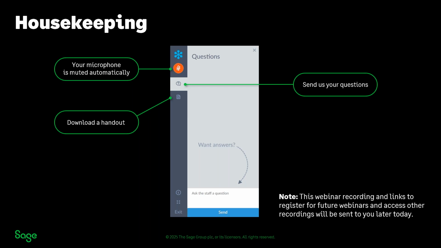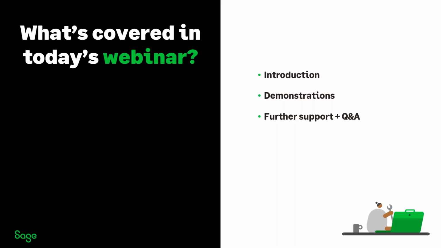So that's the housekeeping. Let's have a look at what we're going to be covering. Now the agenda, very short today. We're going to start with a little bit of an introduction, and then we'll just get stuck into some demonstrations. So this is going to be more in the style of what we used to term quick learns, where we used to spend probably in the region of about half an hour. So we weren't constantly back and forwards between the slides.